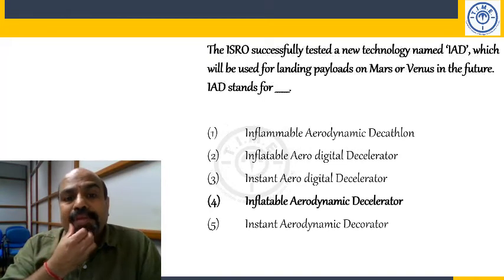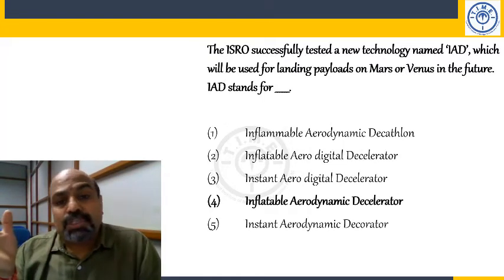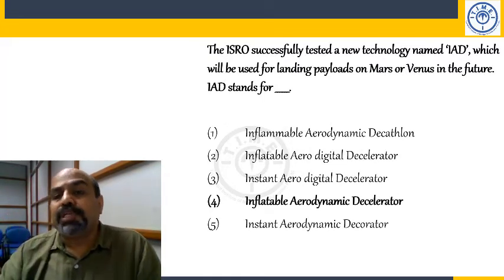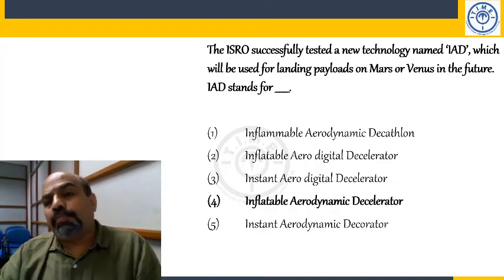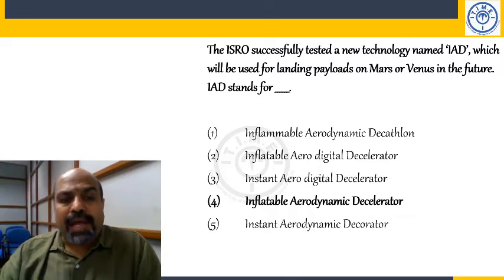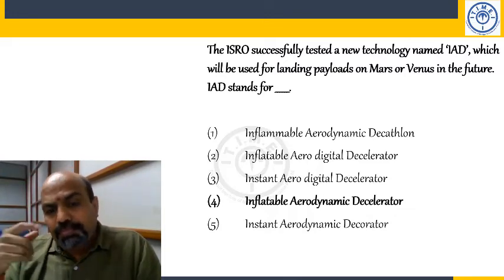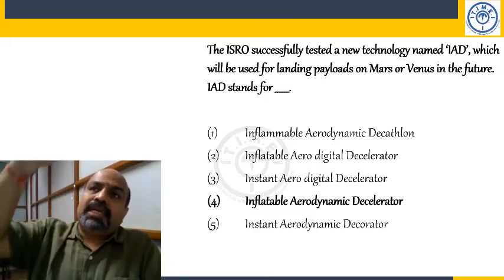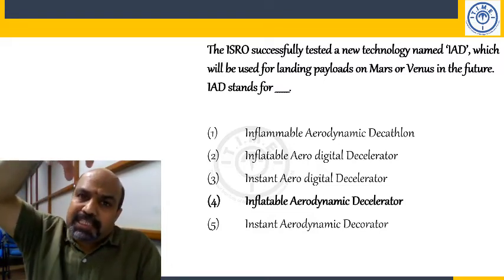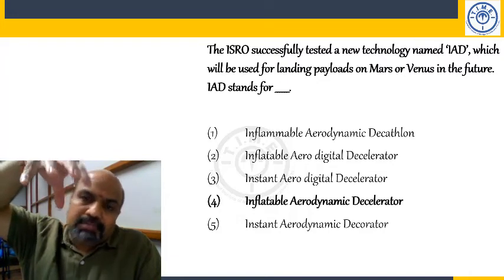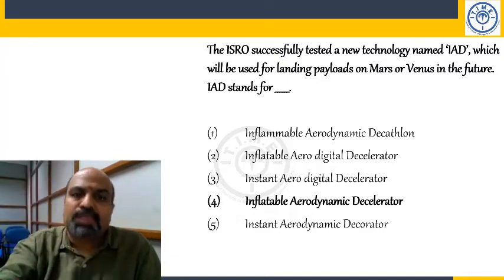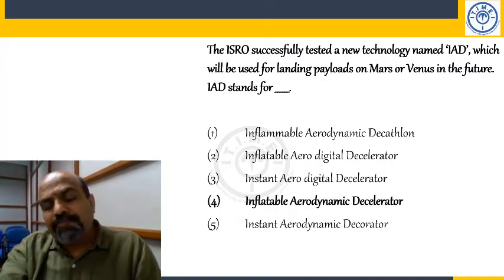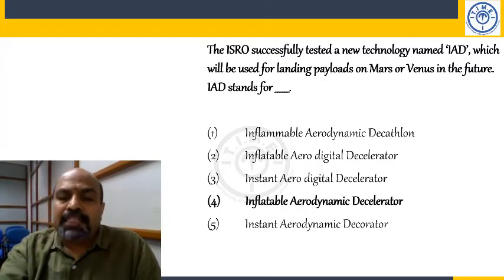Next. The ISRO, the Indian Space Research Organization, successfully tested a new technology named IAD, which will be used for landing payloads on Mars or Venus in the future. IAD stands for inflatable aerodynamic decelerator. The payload will be released from the spacecraft, and attached to it will be this IAD.